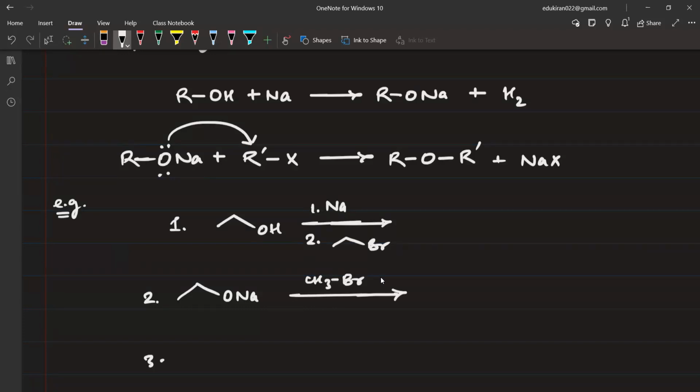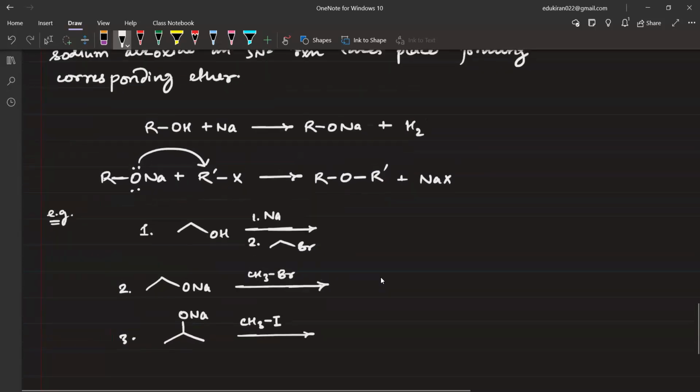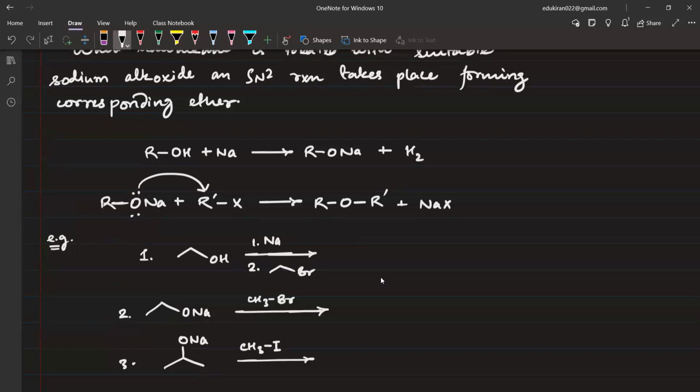Right, third part. ONa, CH3I. Try these 3 products. I will give you 4 minutes, would be enough, I think. Please write it down. Identify the alkyl group in alcohol or alkoxide. Identify the alkyl group in the haloalkane. Remove the sodium. Add the alkyl group from the haloalkane. Okay.